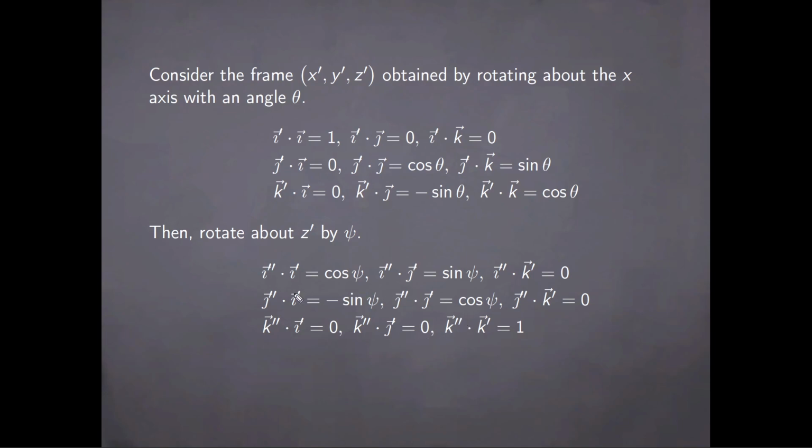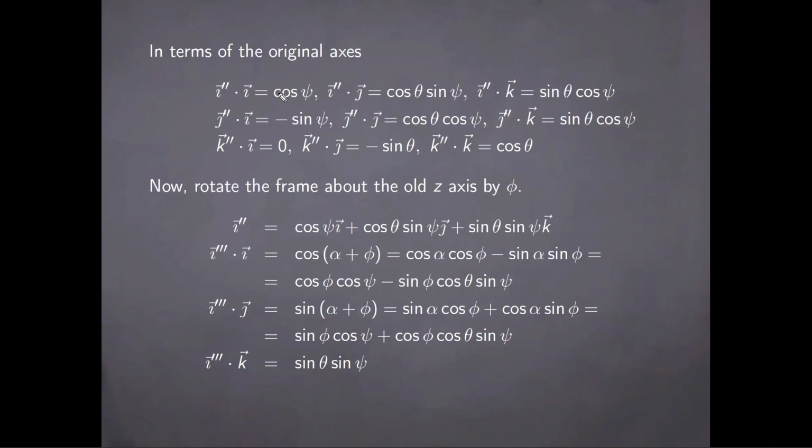And since we know this set of direction cosines, it means we can express the primed versors in terms of the laboratory ones, and therefore we can also write the double primed coordinate axes in terms of their projections on the laboratory axes using the ensuing direction cosines.